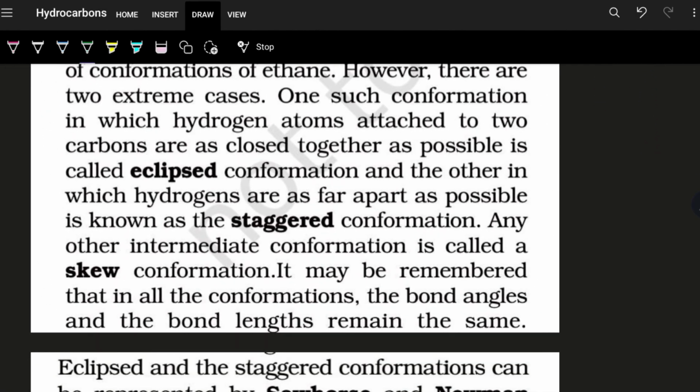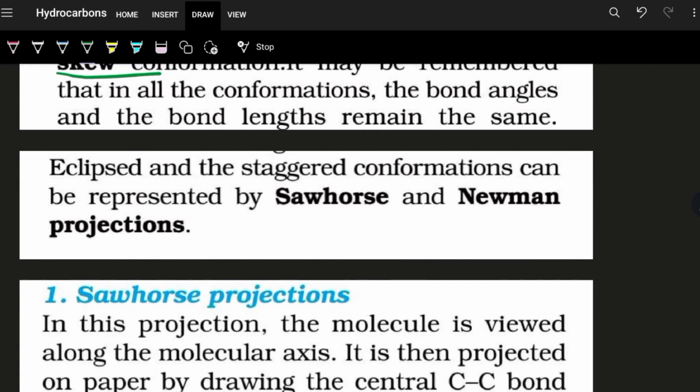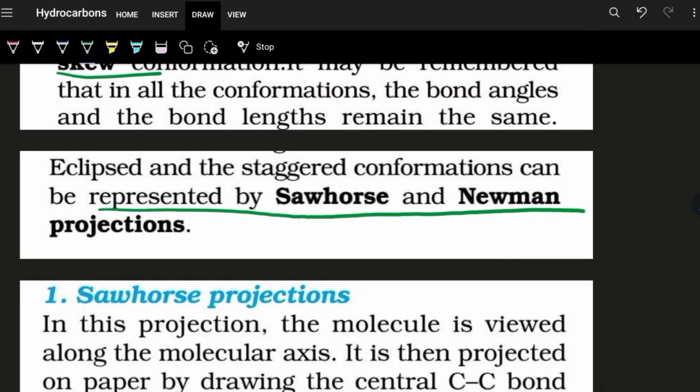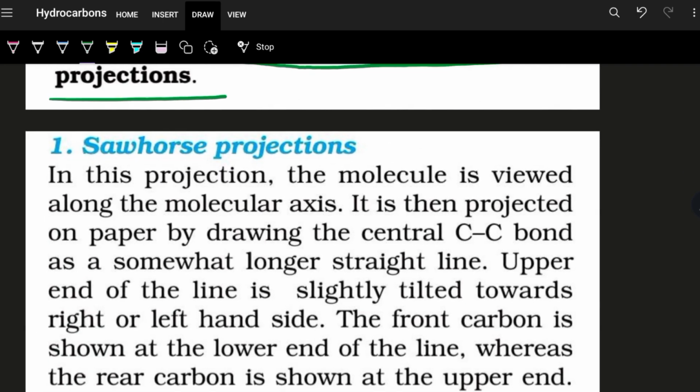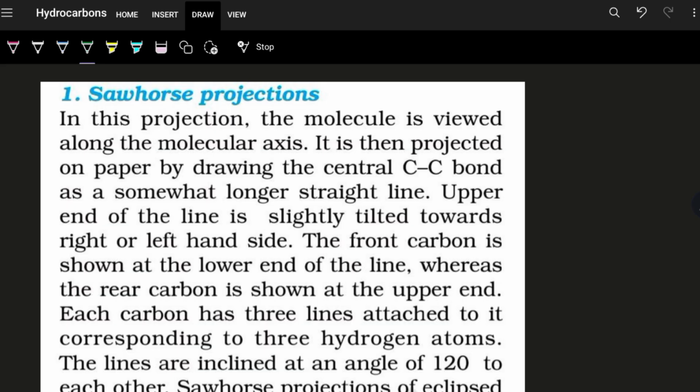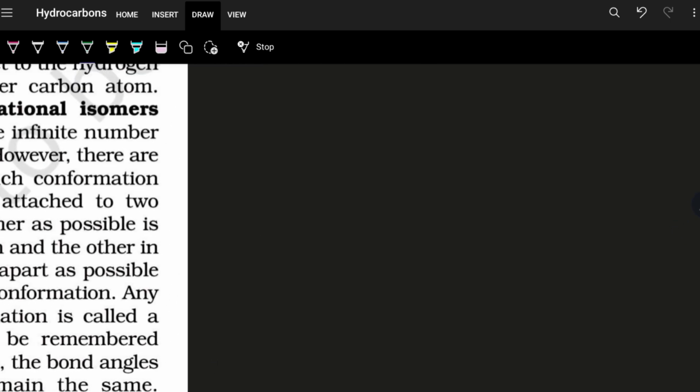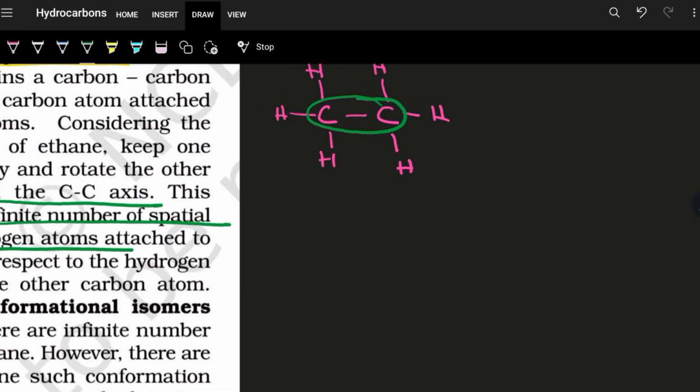Now they are known as eclipsed, staggered and skew conformations. We will understand them one by one. There are two representations, one is the sawhorse and the other is the Newman projection. First let me explain, and then we are going to see the NCERT part.